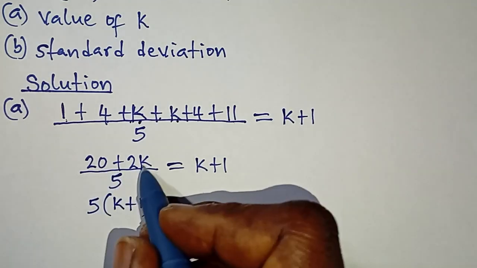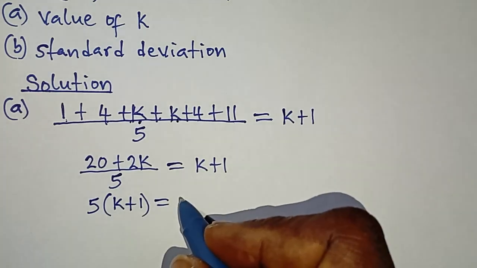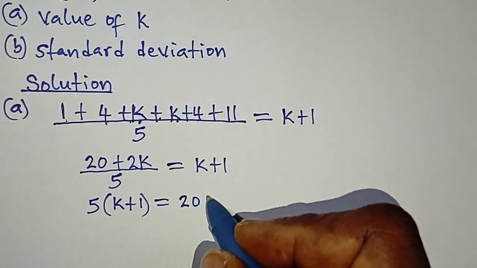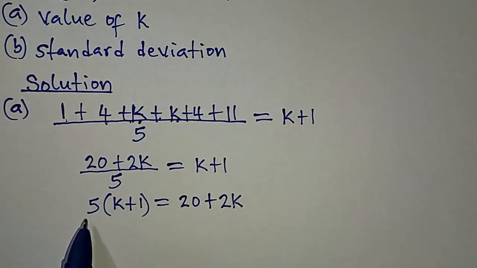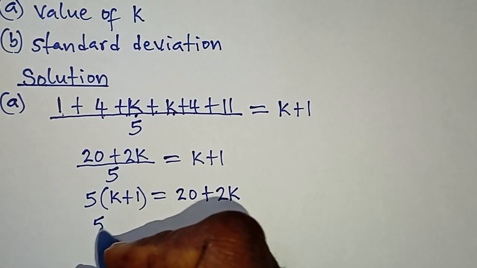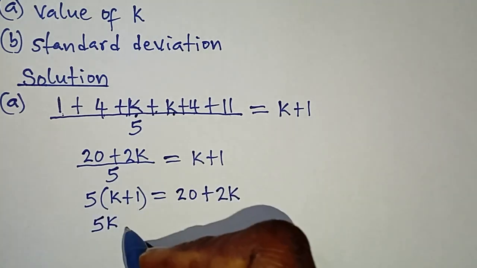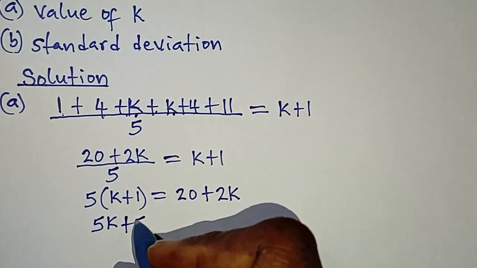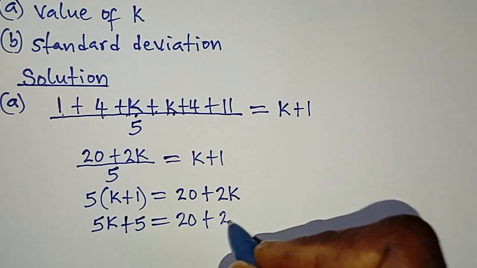This multiplied by 1 will still give us the same value, which is 20 plus 2k. So let me expand this bracket now. Expanding it, 5 multiplied by k is 5k, and then 5 multiplied by 1 will give me plus 5, and that will be equal to 20 plus 2k.